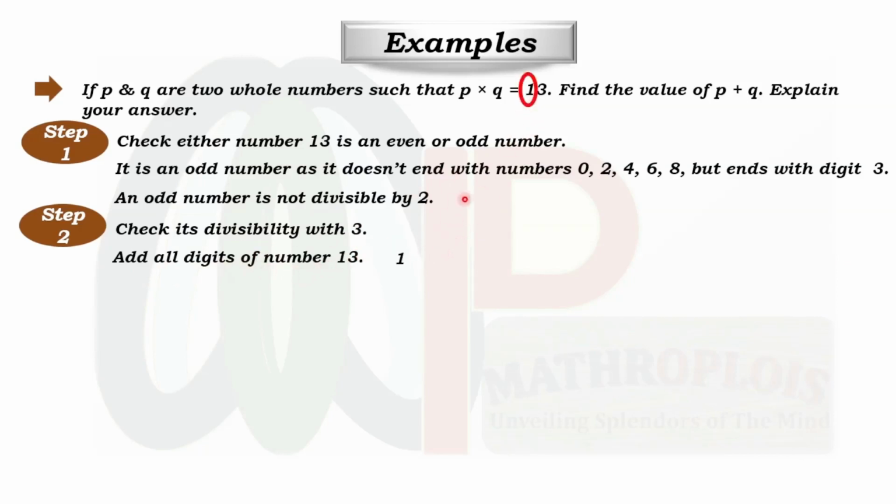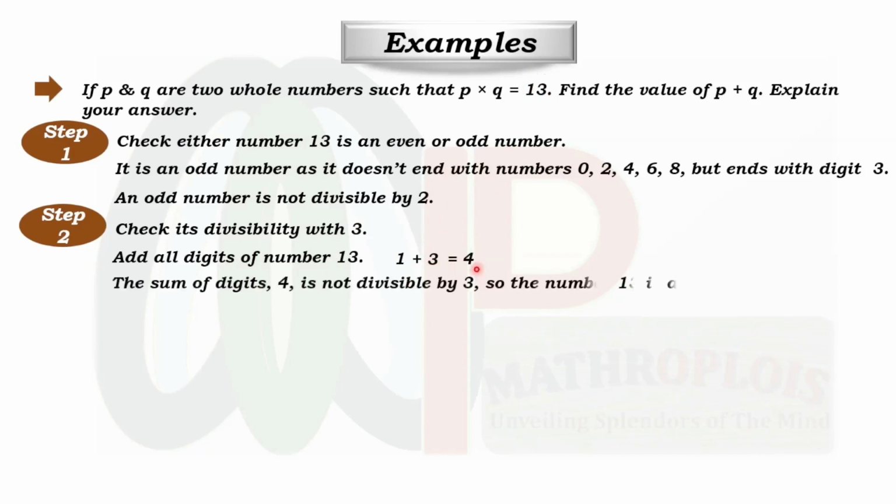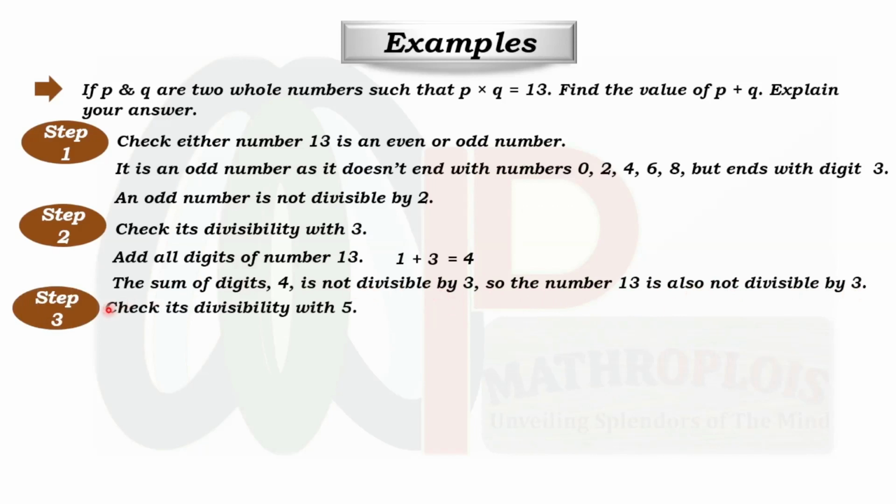First digit is 1, plus second digit 3. The sum of these digits is 4. We can easily confirm that the sum of digits 4 is not divisible by 3. So the given number 13 is also not divisible by 3. In step 3, we will check its divisibility with 5.